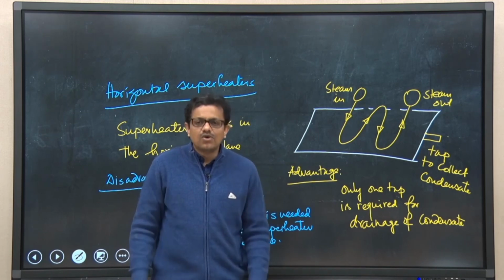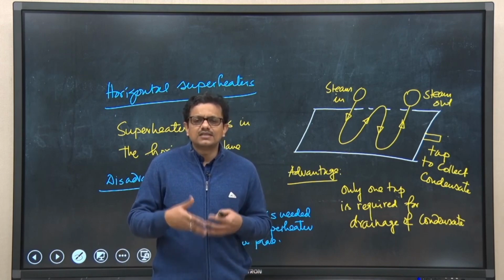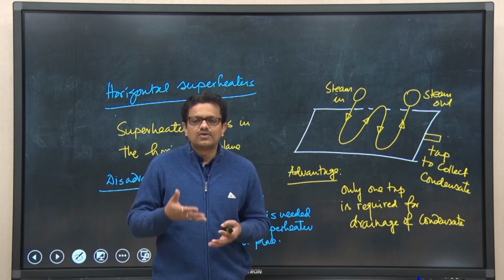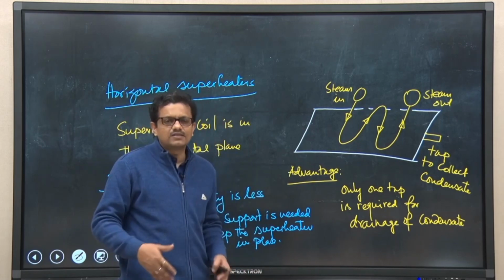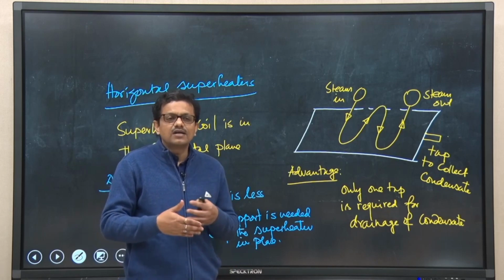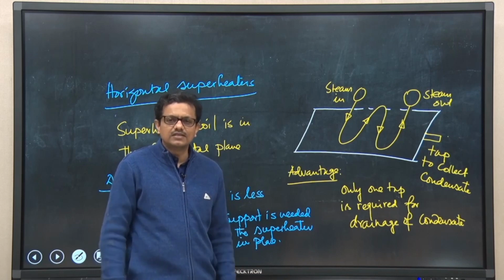Depending on the load of the boiler, steam temperature at the exit of the superheater may decrease. To account for that, superheaters are sometimes connected in series, and we will discuss that in the next class.